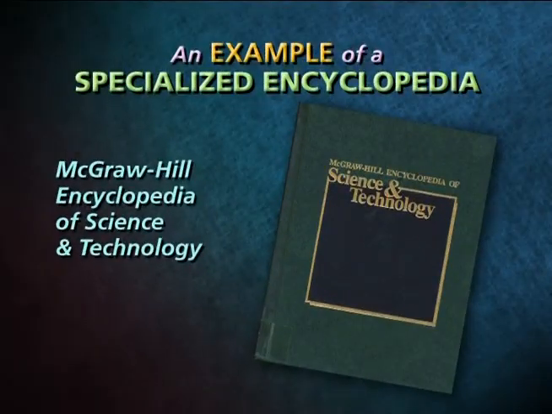Here's another specialized encyclopedia. This one is called the McGraw-Hill Encyclopedia of Science and Technology. And believe it or not, it runs 20 volumes. So again, you can imagine that practically any subject within the area of science or technology will be covered somewhere here.